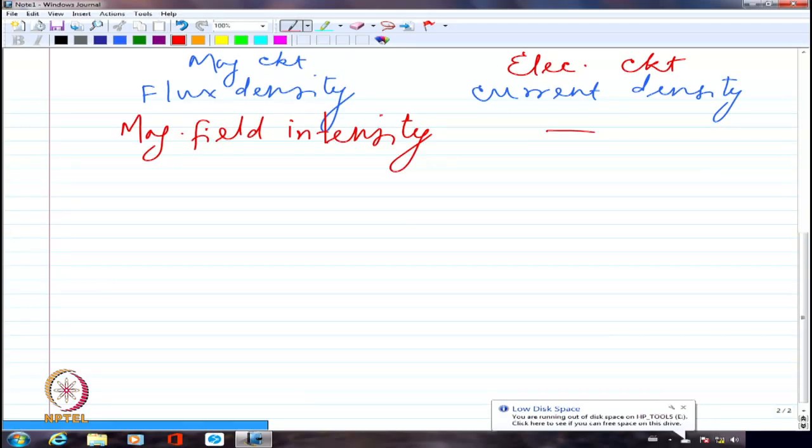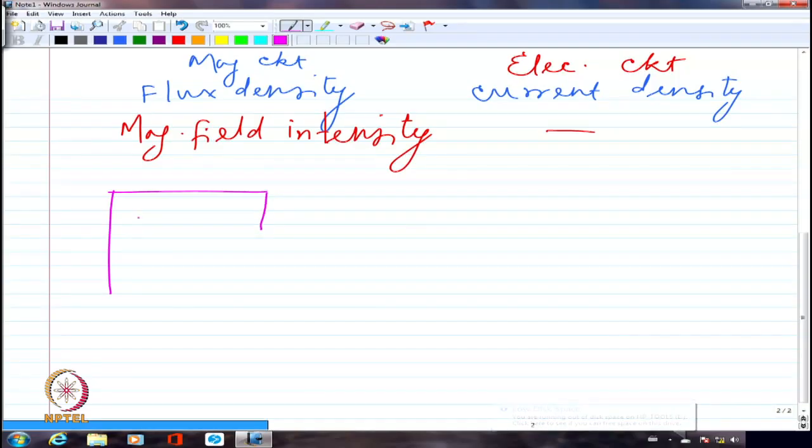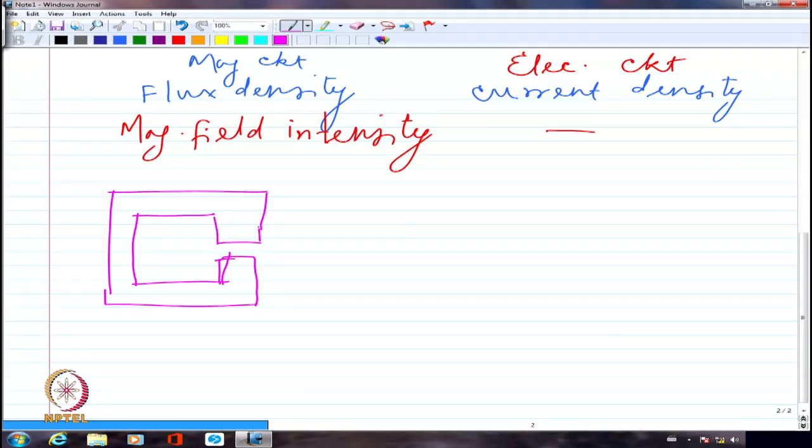So this is essentially the way we are going to analyze the effect of an electric current when we consider a magnetic circuit. Let me take the same diagram we had taken last time. Let us say I have a core like this, with a small air gap. It's not really small enough and I have not drawn it really nicely, but it doesn't matter.